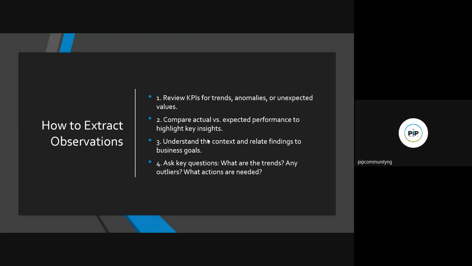That is the first thing. The first thing you should try to look for is anomalies. What is strange in your dashboard? That's one. The next one is to compare actual versus expected performance to highlight key insights. In some cases, like I said, every project has a goal. Any analysis or dashboard project has a goal.